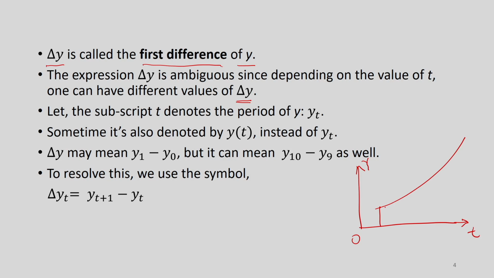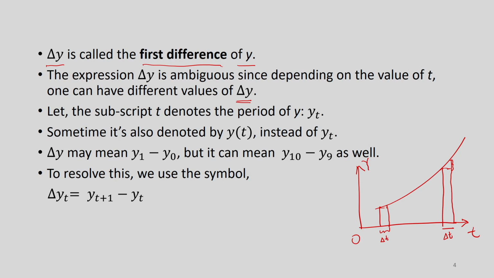Now, if you take this change in t, so this is delta t, which is equal to 1, then here you can see the change in y is very small, whereas if you take the same change in time here, the change in the variable is quite large compared to here. So, delta y is an ambiguous expression. It can change depending on what t we are considering, what is our reference t.